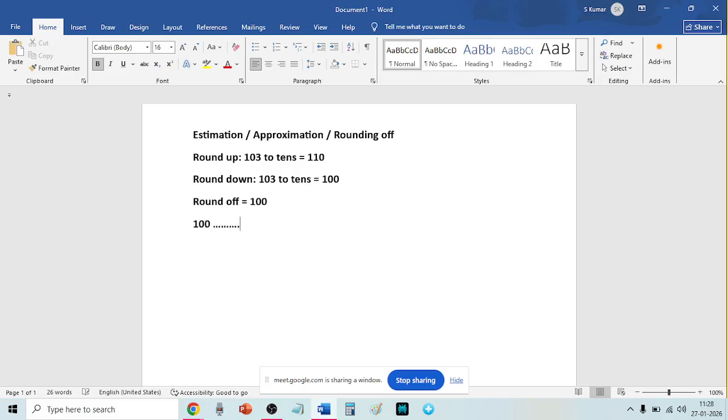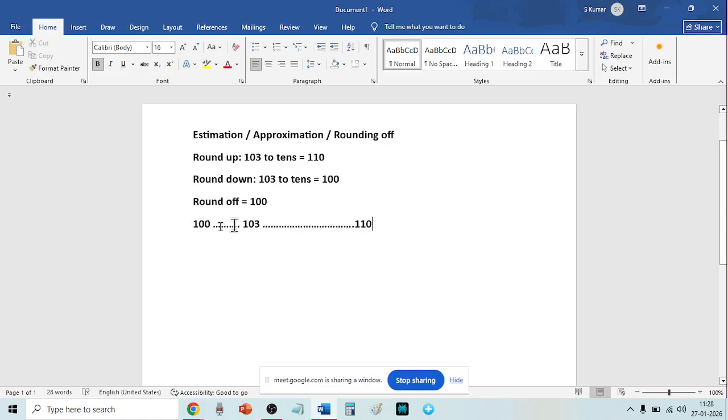Like here you have got 100, then you have got 103, and then 104, 105, and after a long time you have got 110. There are only two numbers after 100, 101, 102. And here 103, 104, 105, 106, 107, 108. So the gap is bigger.